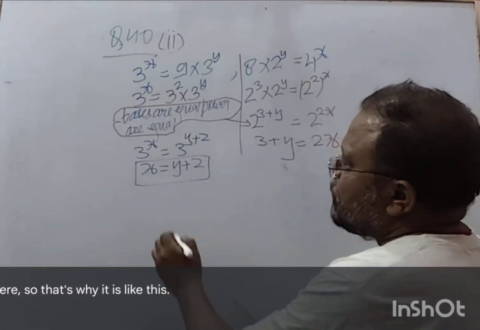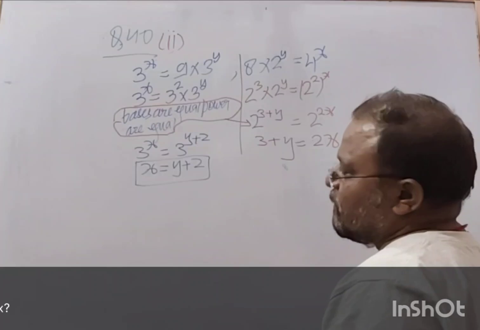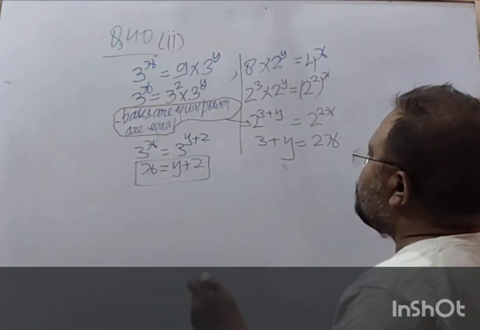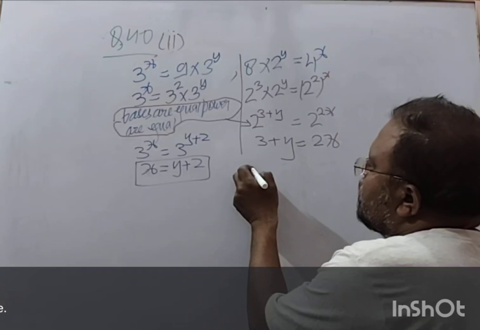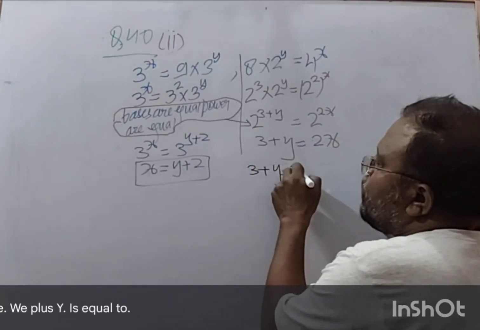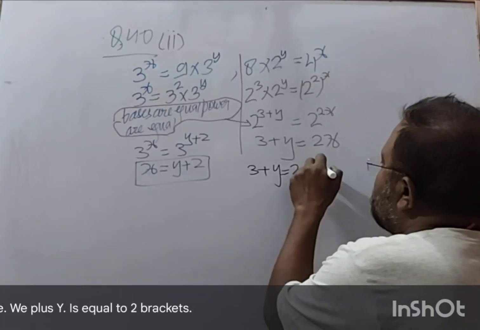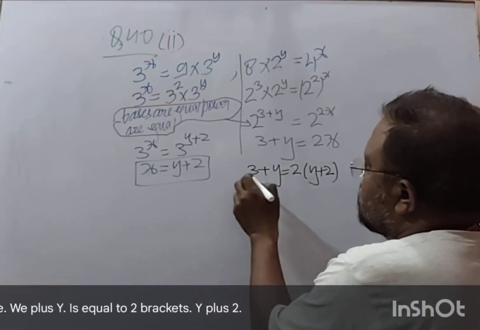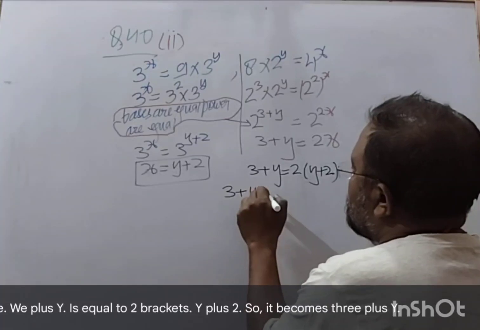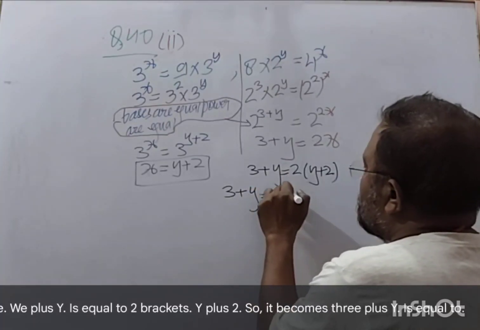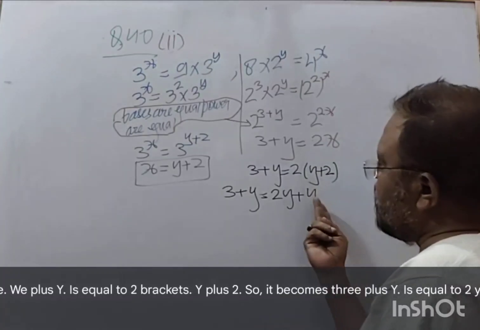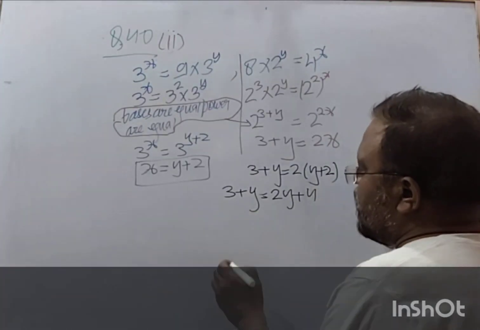So what is the value of x? It is y plus 2. So we write here 3 plus y is equal to 2 bracket y plus 2. So it becomes 3 plus y is equal to 2y plus 4. Bring 4 on this side.